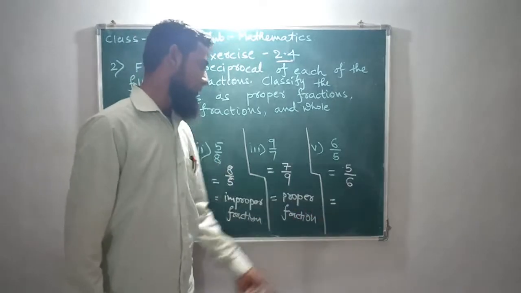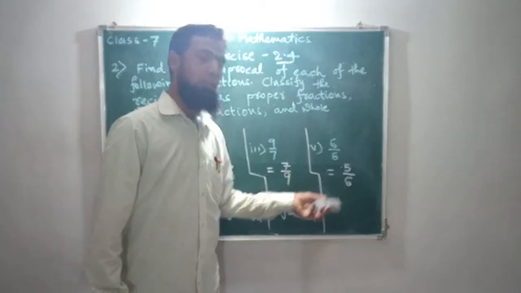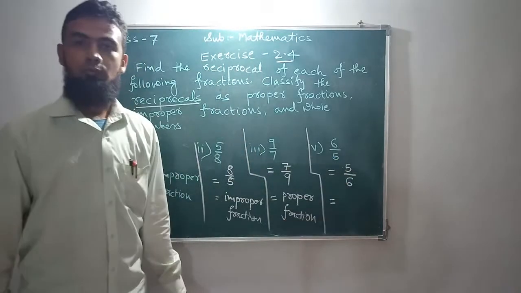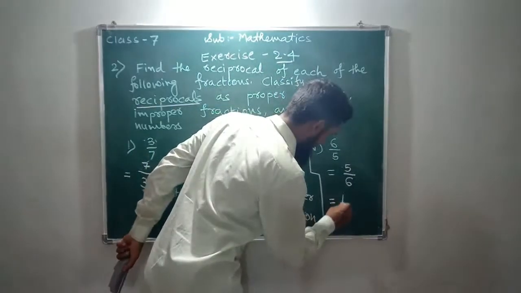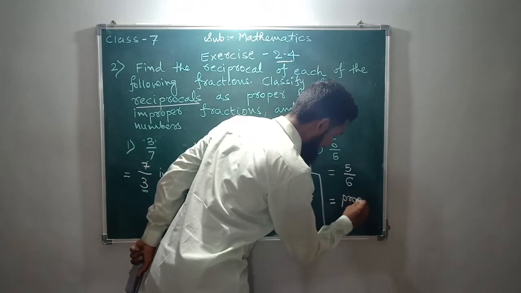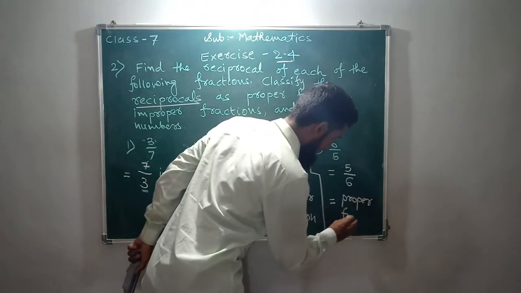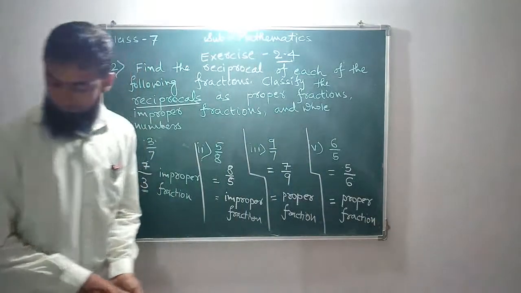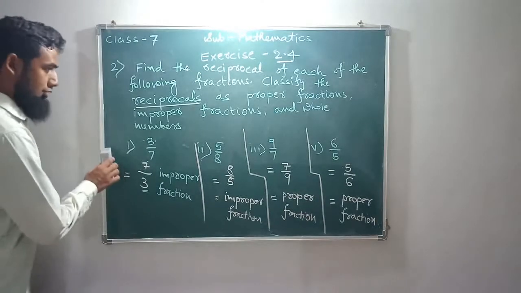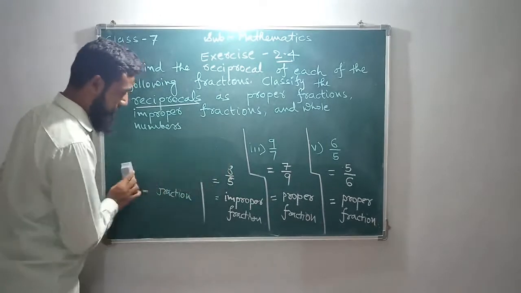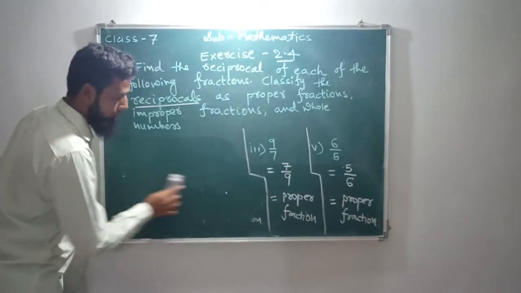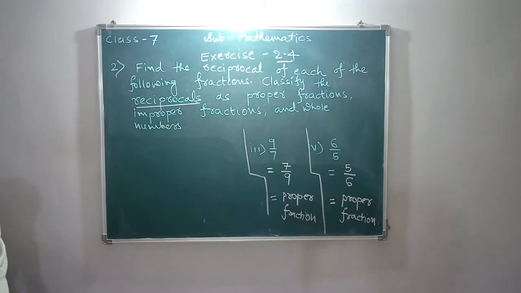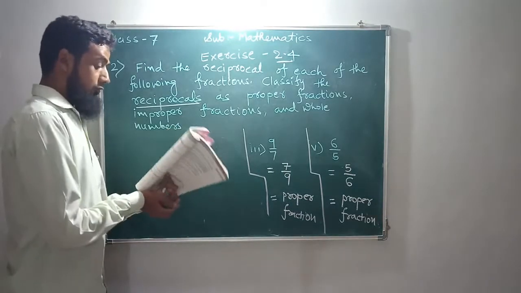Yes, this is a proper fraction because the denominator value is higher compared to the numerator. So this is also a proper fraction. Understood? Okay, now we will move on to the next questions so you can understand.